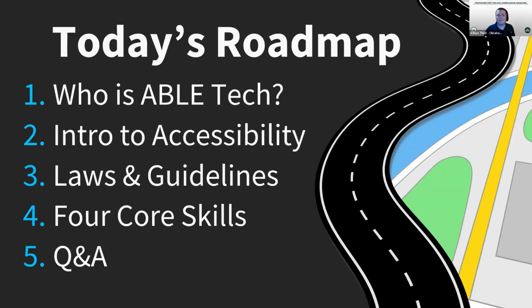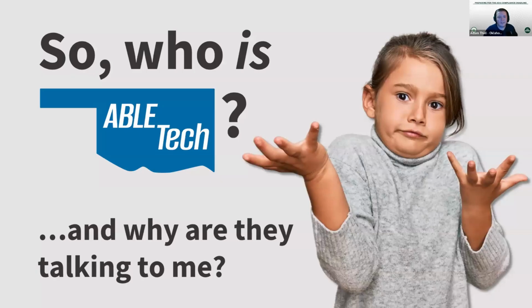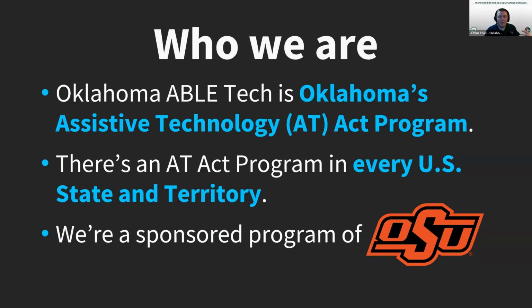All right. Who is Oklahoma Able Tech and why am I here talking to you today? We are Oklahoma's Assistive Technology Act program, or AT Act. There's an AT Act program in every state and territory, so there's 56 total. And we're classified as a sponsored program of Oklahoma State University.